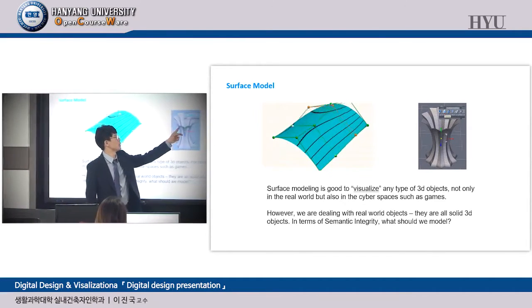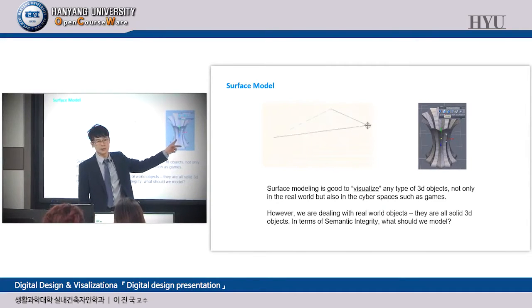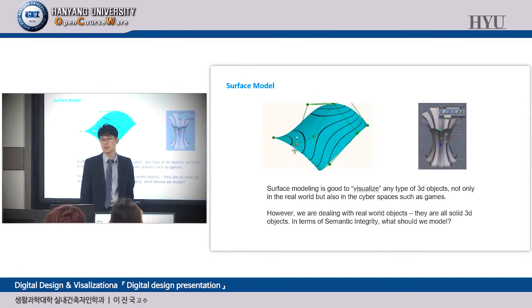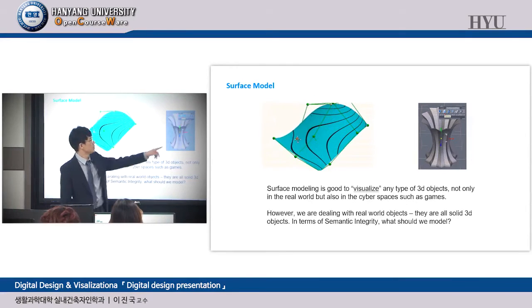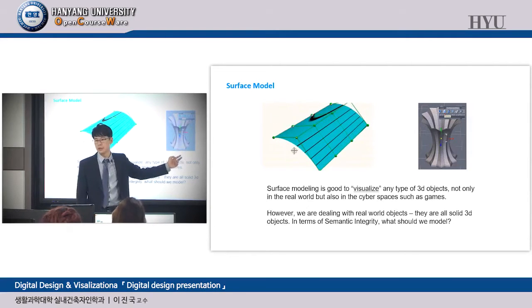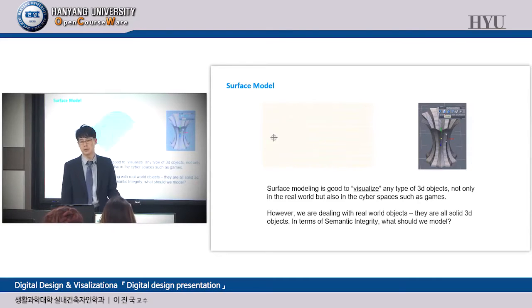Take a look at this one. In the real world, there is no this kind of object. This one has an entire surface, zero thickness. But in the real world, this is supposed to have 0.1 millimeter thickness by real product, real material.